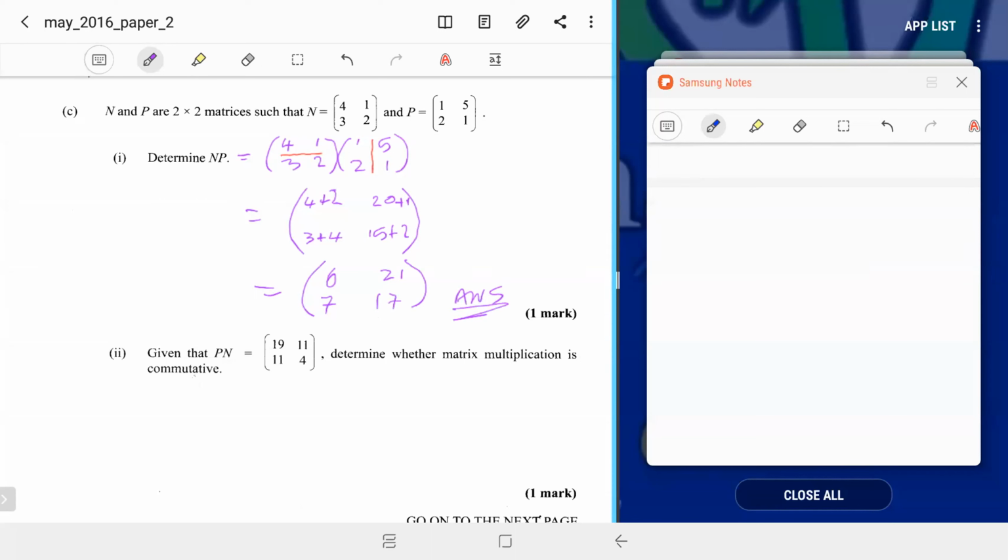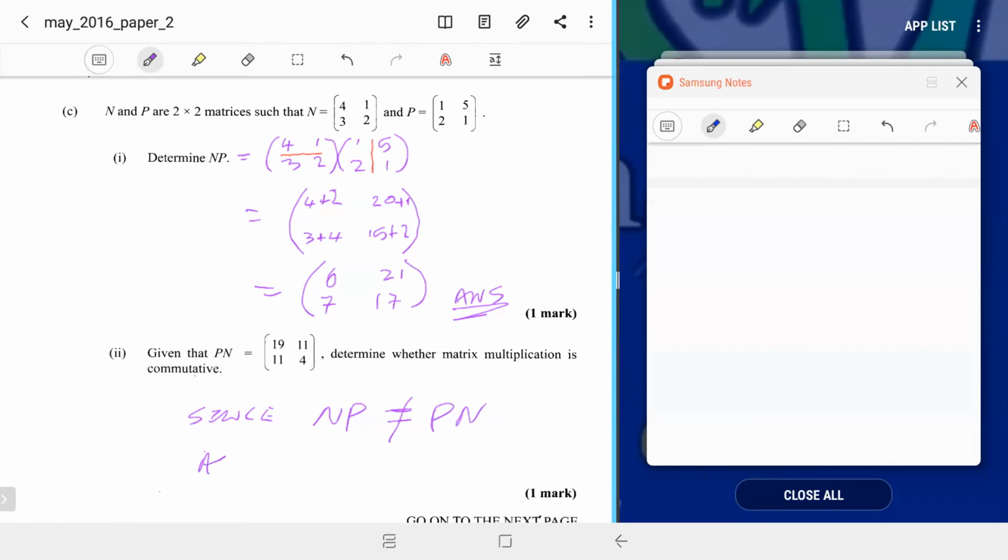Next part says, given that PN is equal to this, they're helping us. Given that PN is equal to that, determine whether matrix multiplication is commutative. Answer is no. So you're going to say, since NP is not equal to PN, put the not equal to sign, since it is not equal, then matrix multiplication is not commutative.